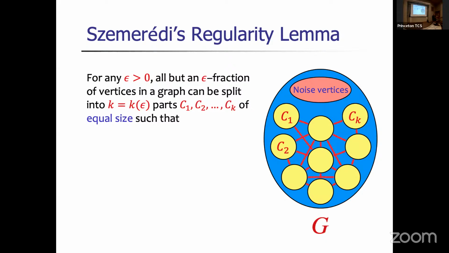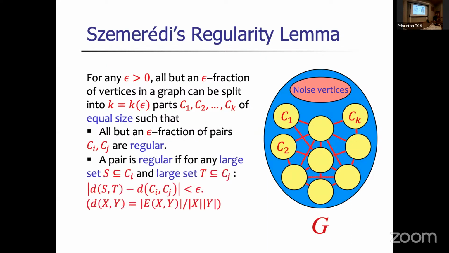And then we can hope to exploit this structure. So what is this nice structure? Well, the remaining vertices can be divided into k sets of equal size, where k is going to be some function of epsilon. And the nice structure is the following: all but epsilon pairs of C_i, C_j are going to be regular. So what does regularity mean here?